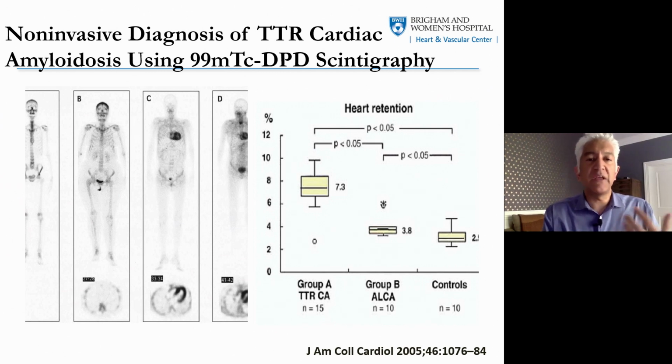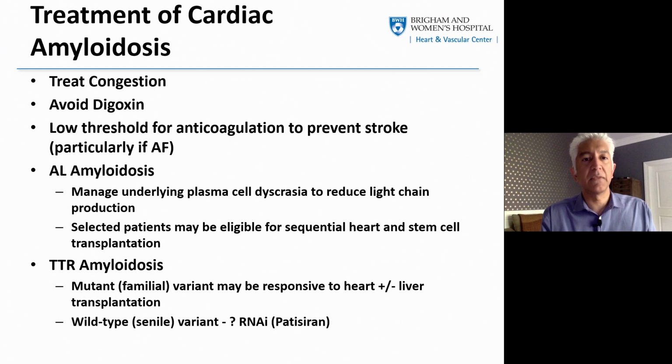One other way we identify TTR amyloidosis increasingly is using bone scintigraphy. This is a bone scan where the heart lights up, and this turns out to be a fairly sensitive way of detecting TTR variant amyloidosis, the senile variant of amyloidosis, not so sensitive for AL amyloidosis, but something that could come up on exam.